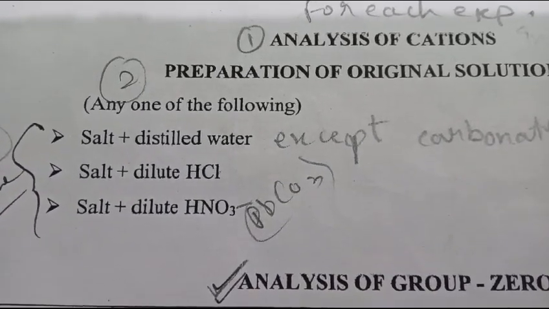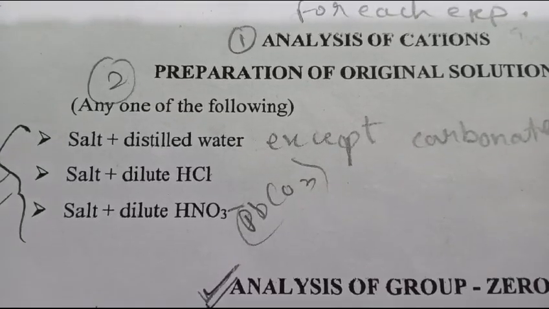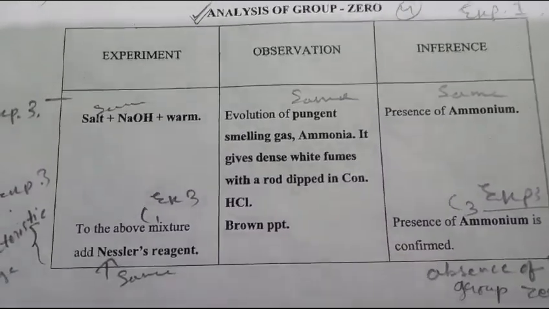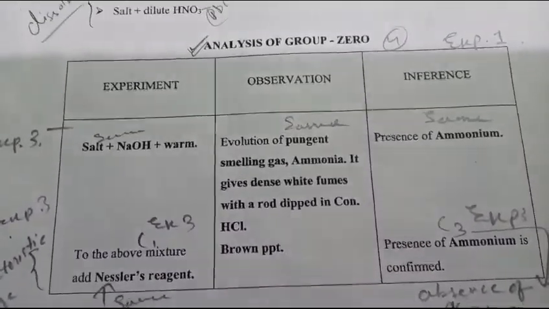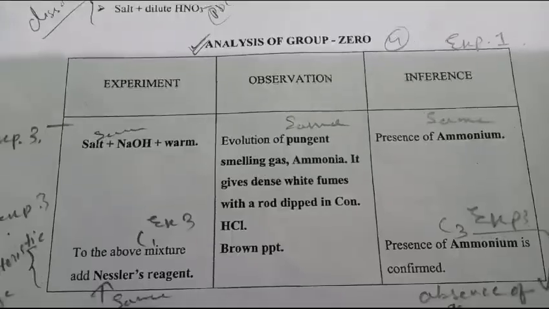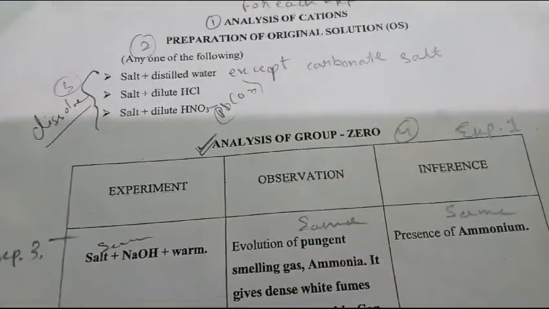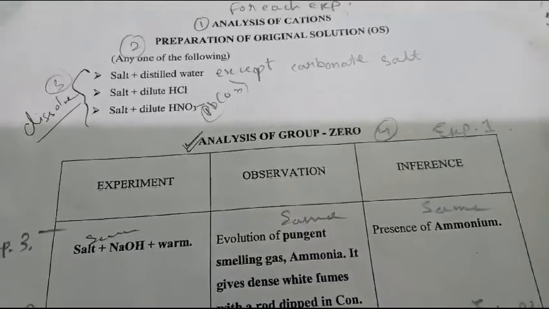After dissolving, that means after getting the original solution, proceed with group 0 and the other groups, but I will not explain those because I told you before that zinc is present, so I will proceed with the zinc procedure.